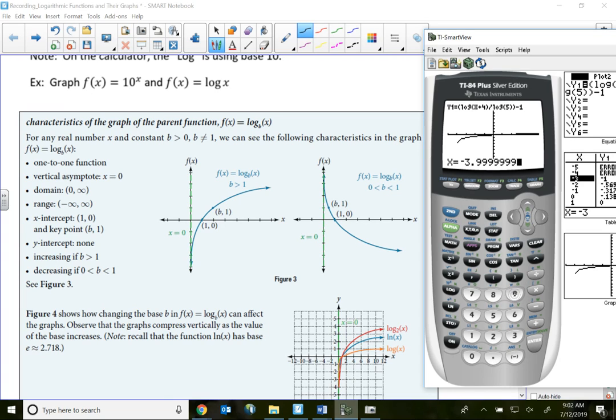The closer I am to negative 4, my y values keep on going more negative. Even though it says x equal to negative 4, we know x cannot be equal to negative 4. Let me try one more, negative 3.999, with a lot of 9s. Let's see what happens.